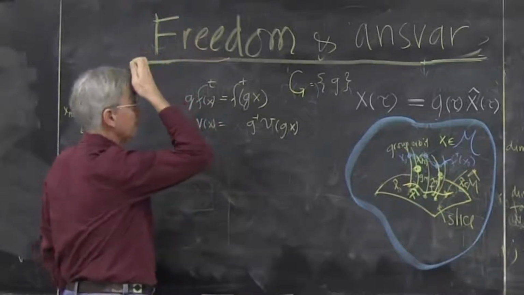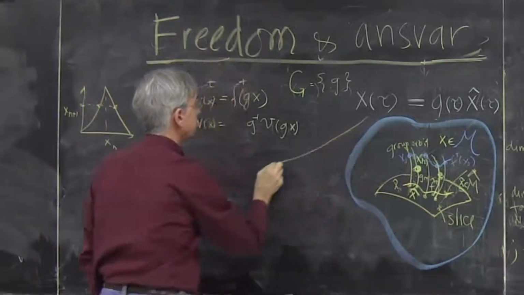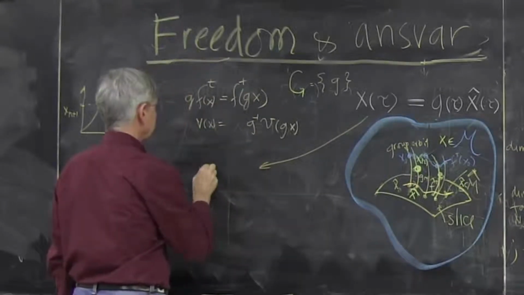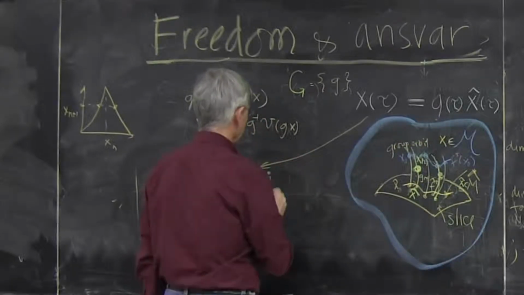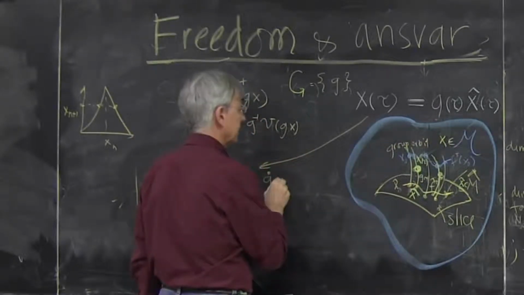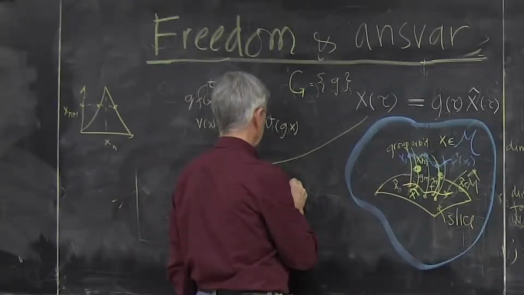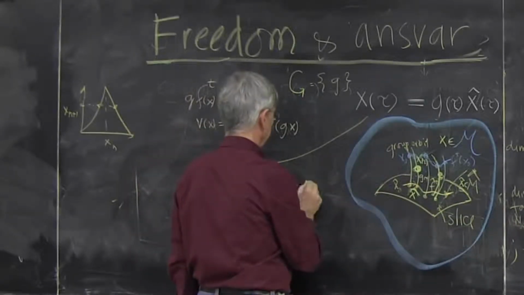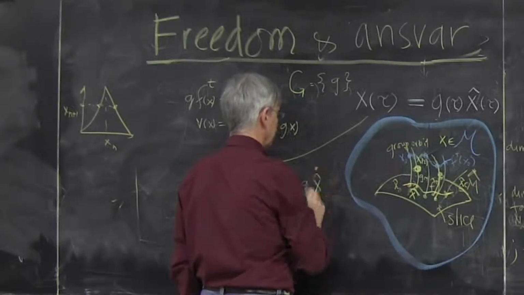So what we say is we have this relationship. We take a time derivative, use the chain rule, this is time dependent, g dot times the coordinate in the frame plus g times x dot.